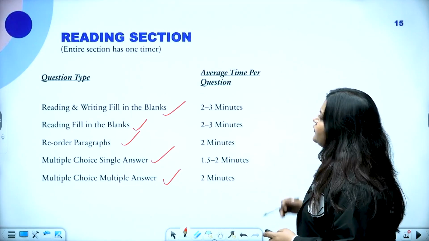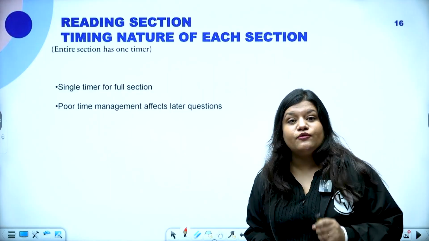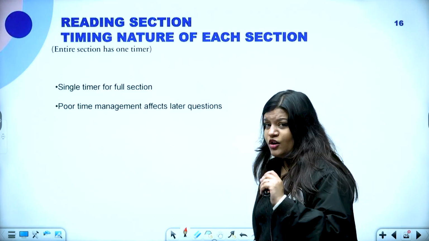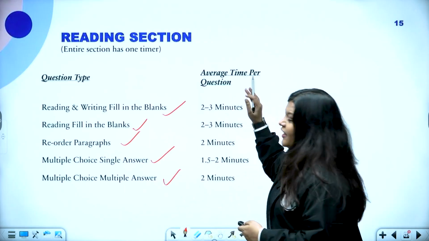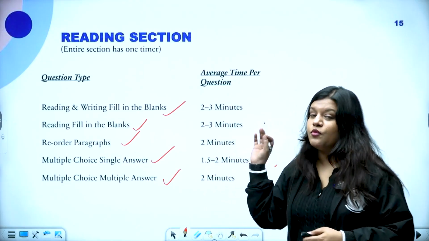Okay. Moving ahead, for the reading section, it's a single timer for the full section, and poor time management affects your questions and the score, of course. So the timer that I have given over here, you need to take that into consideration if you want.